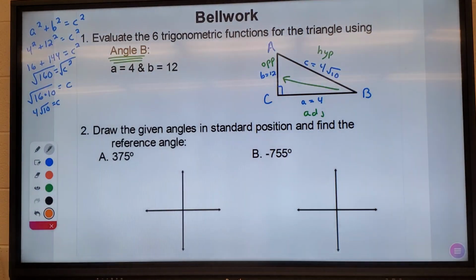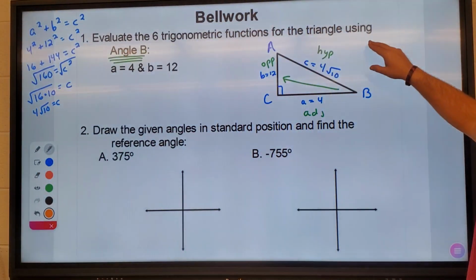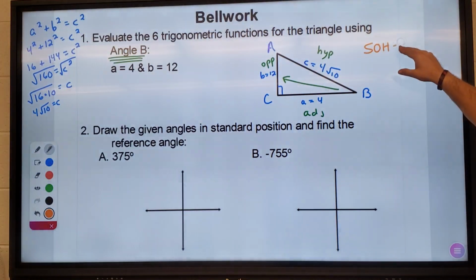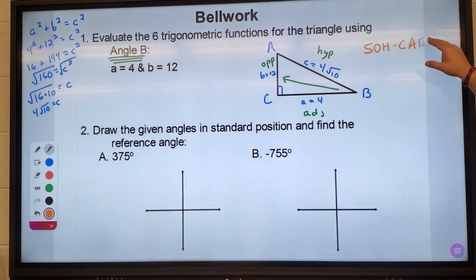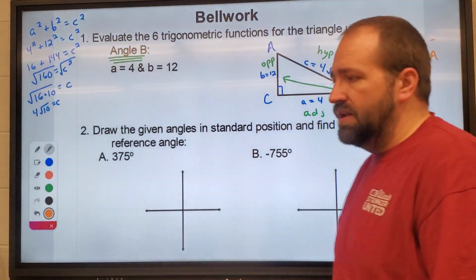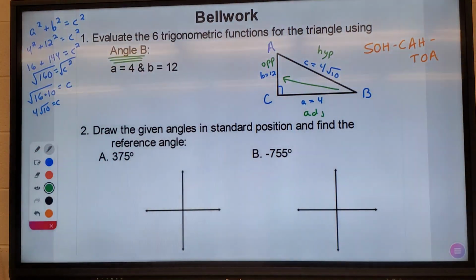Okay. On all of these, when we're evaluating the trig functions, my suggestion was always to write out the mnemonic device of SOH CAH TOA, because that's going to help me write out my ratios over here.